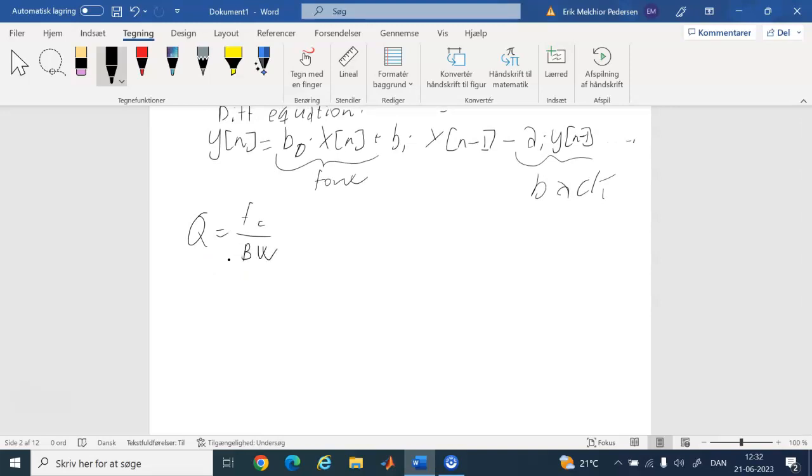And we have some gain. We have some different Q equal to 1, or maybe Q equal to 4, and so on. Different types.